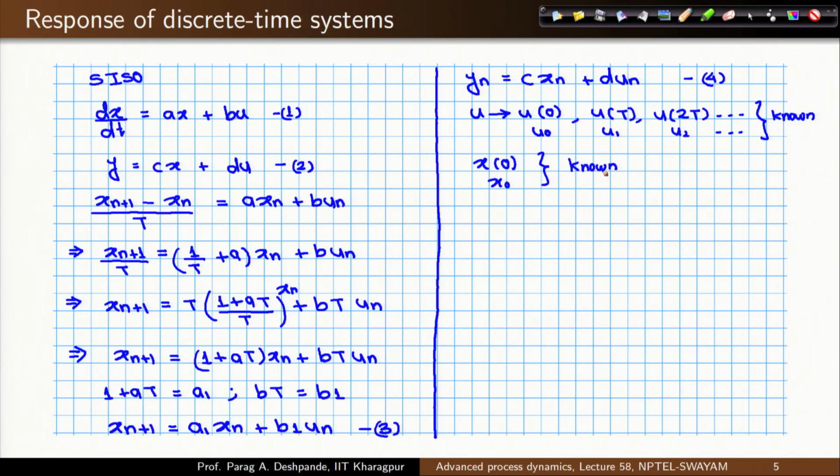So, if I know u0 and I know x0, then from equation number 3, x1 would be what?